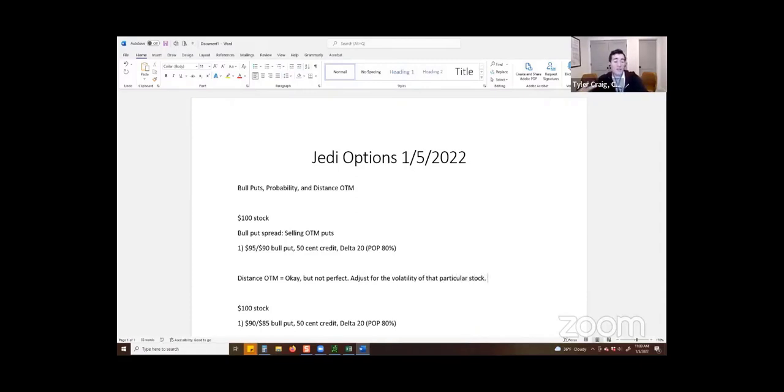Because $10 out of the money may be way too close for a really volatile stock, and $5 out of the money may be plenty far away for a non-volatile stock. So the beautiful thing about using ATR as your metric to gauge distance out of the money is it adjusts stock by stock, right? So it's sensitive to volatility and thus gives you a better read. So that's kind of the thought.